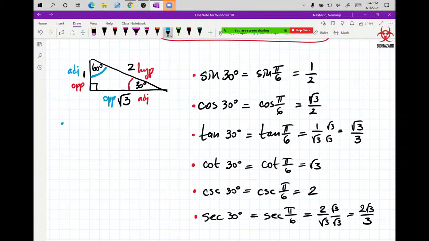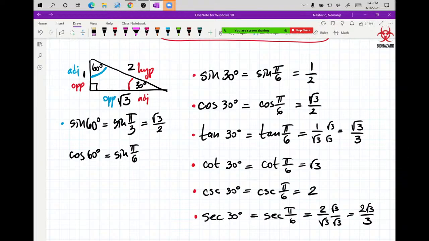So now, what do we have? How much is sine of 60 degrees, also known as sine of pi over 3? If you take a look at your opposite, which is root 3, divided by hypotenuse, you have root 3 over 2. Then, the question of the cosine of 60 degrees. Can anyone tell me that? Cosine?